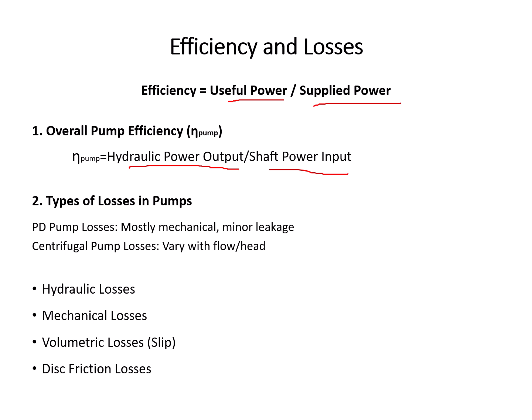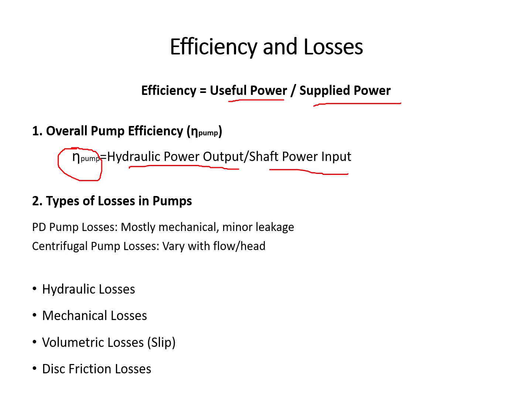So is this clear? We already stated on the last slide that the motor power is equal to the shaft power divided by the motor efficiency, and the shaft power is equal to the hydraulic power divided by the pump efficiency. So if you know the hydraulic power and the shaft power, divide the hydraulic by the shaft power to get the pump efficiency.